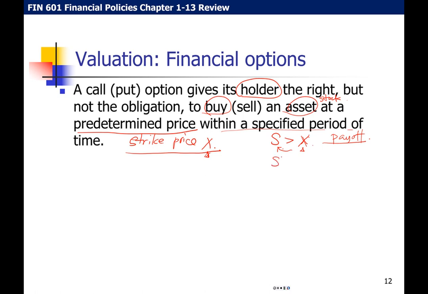Well, there are cases where the stock price ends up below the strike price. Now, I wouldn't want to buy at strike, so I won't exercise this option, and I get a zero payoff. But what's nice is that I don't have to buy it. So when the market turns unfavorable for me, I don't lose.